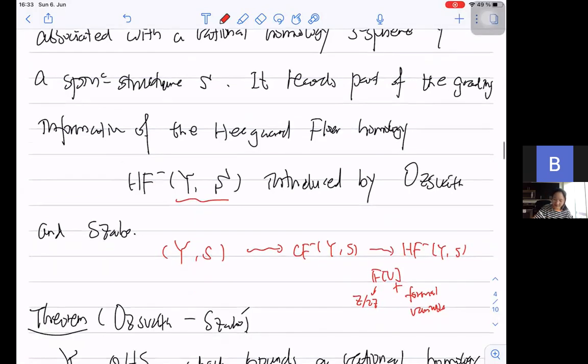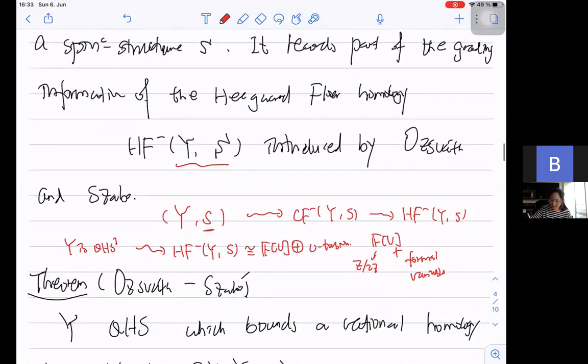So the key thing is that once Y is a rational homology sphere and you fix the spin^c structure, you always get the structure of the module HF minus of Y at the spin^c structure s. It is written as one free part F[U] plus some U-torsion part. The grading information for this U is minus 2 each time.